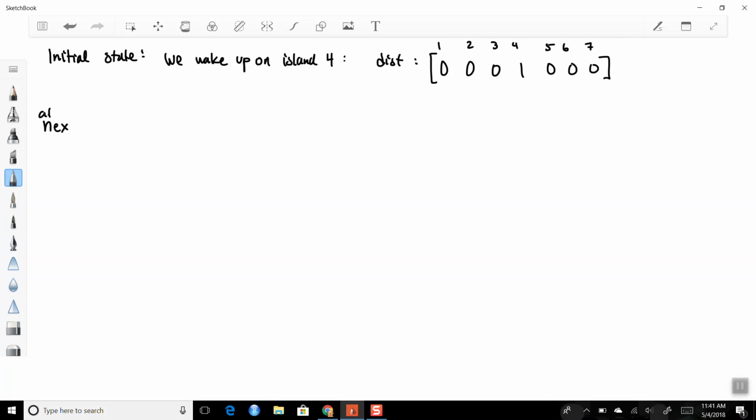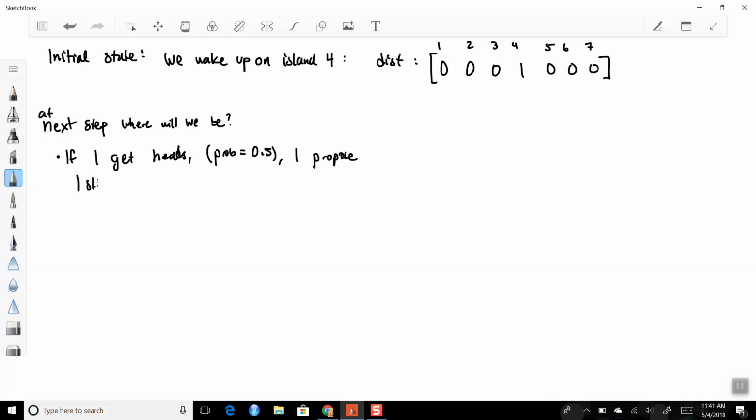Okay. All right, let's say at the next step, where will we be? Okay. So we have a few possibilities, right? So if I flip, if I get heads, this is probability equal to 0.5, I propose island 5.